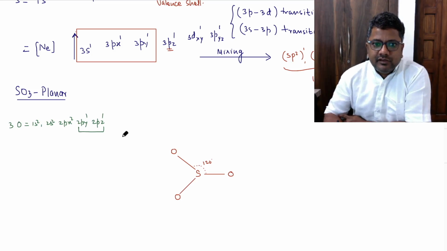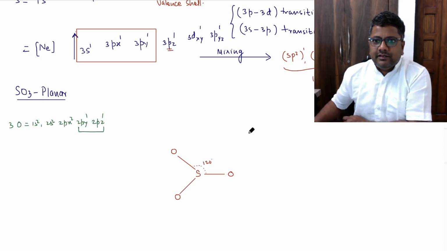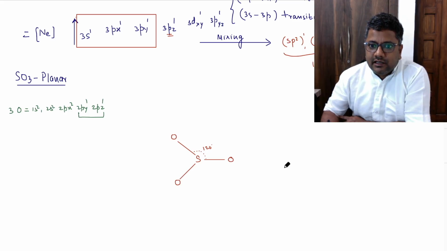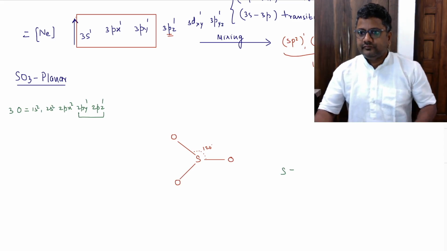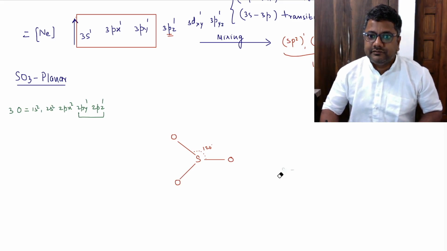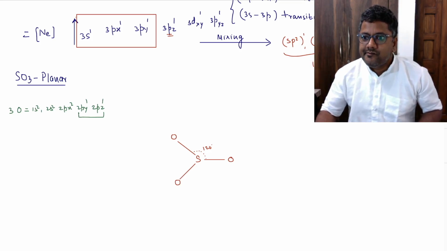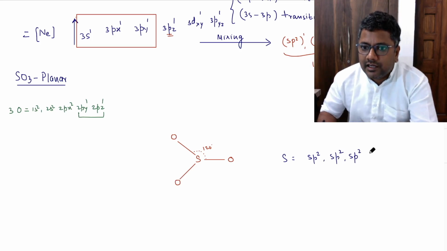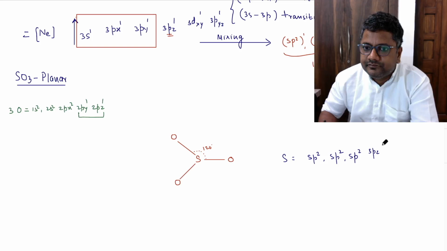To show you, I'm writing here, this is sulfur. Sulfur has sp2, sp2, sp2 and 3pz1, 3dxy1 and 3dyz1.